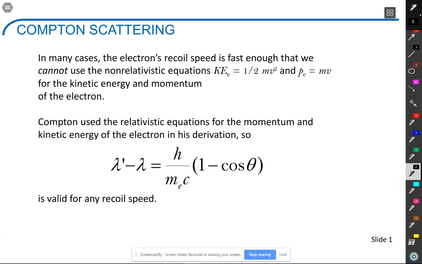We prefaced it last class period with a question about wave model versus particle model. In the wave model, what was true about frequency? The frequency of a wave, if it goes from one material to another, what happens?